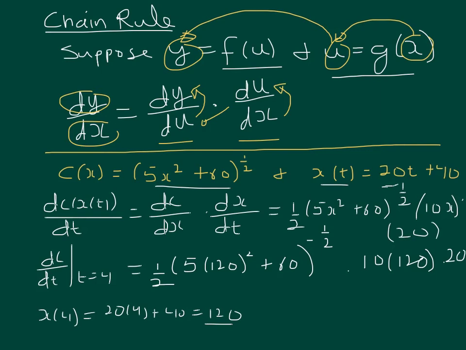So solving this will give us an answer for the change in costs with respect to time after 4 months, which after simplification will be $44.70 per month.